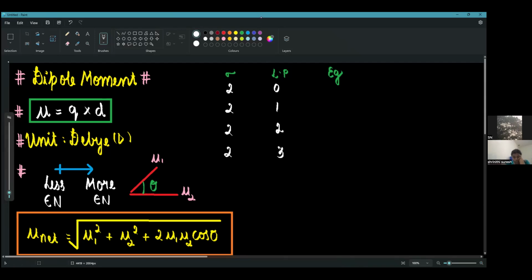We will write down the examples also. Can you give me an example of a 2 0 case? We have written it in the VSEPR table. A compound which has 2 sigma and 0 lone pairs of electrons. Just look at the table and you will get the answer.